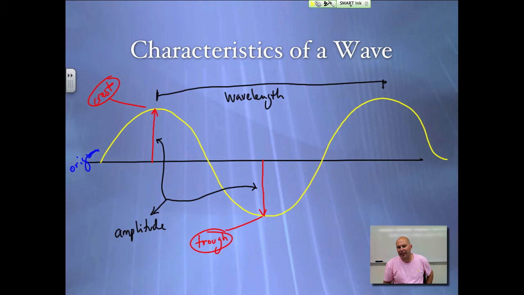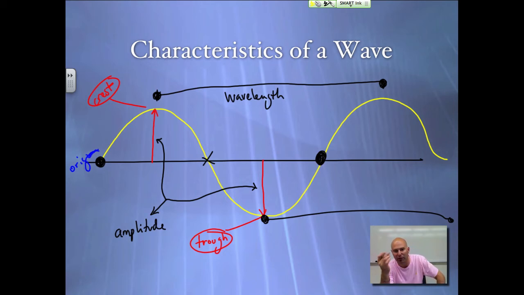The wavelength is the distance from one crest to the next crest, or you could say trough to trough, or you could say origin to the next origin, not just here, of course, but rather up and down, doing its full crest and trough. Those would all be considered wavelengths.